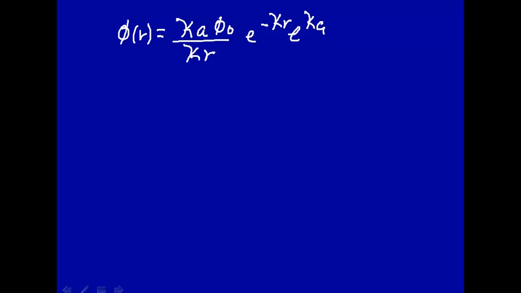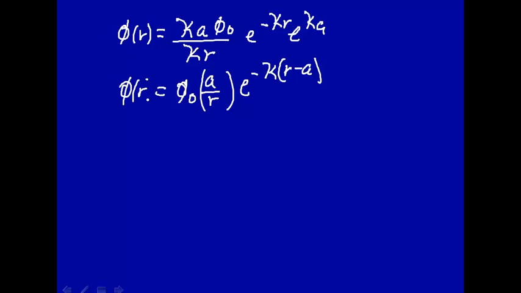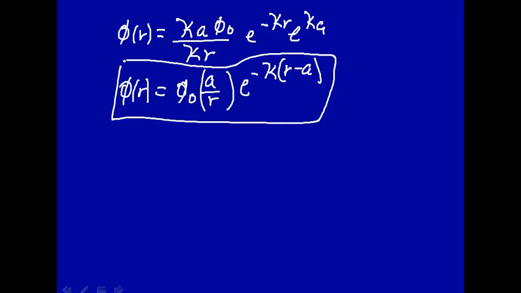Note that the kappas go away, so this is just equal to phi 0 a over r, e to the minus kappa (r minus a). All right, so there's the Debye potential for a sphere of radius a where the potential at the surface is phi 0.